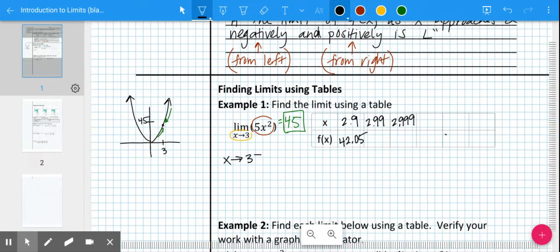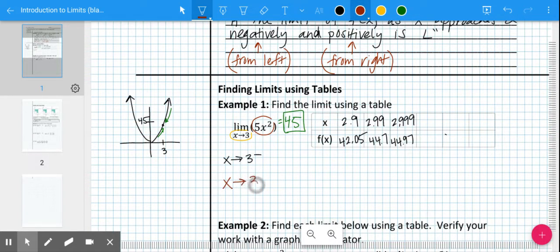And you're just plugging those into the function 5x squared to get out the corresponding y values. So we get 44.7 and then we get 44.97. So what I'm doing here on the first half of the table is having x approach 3 from the left of 3, but very, very close to 3. So 2.9, 2.99, 2.999.